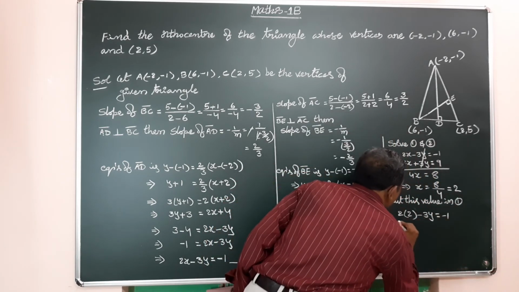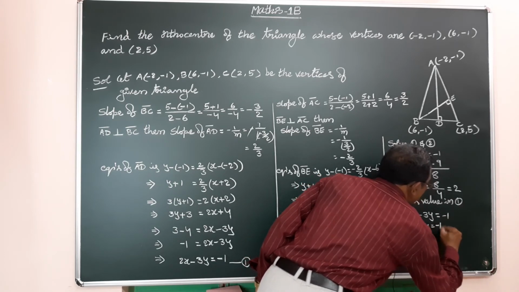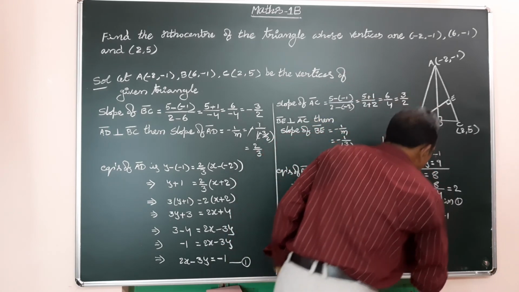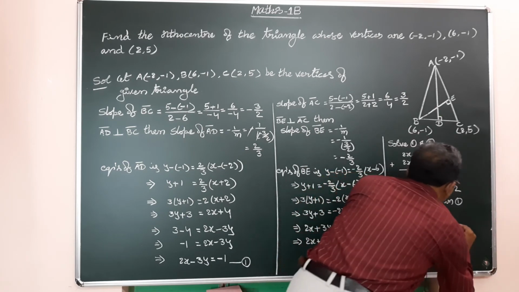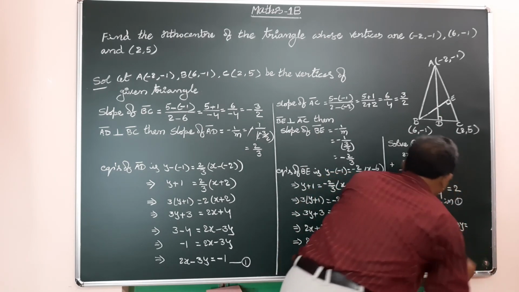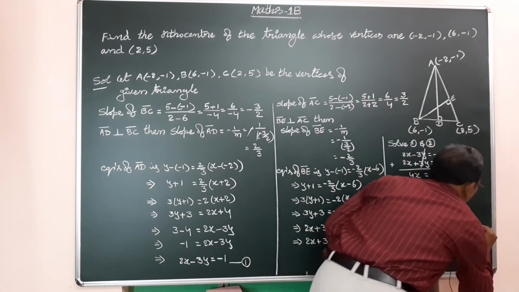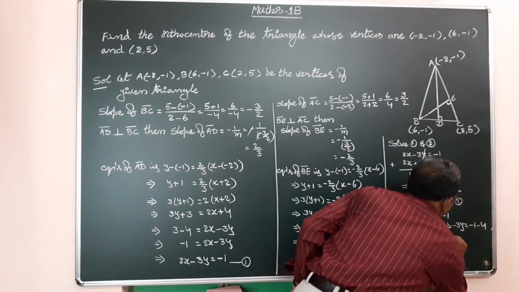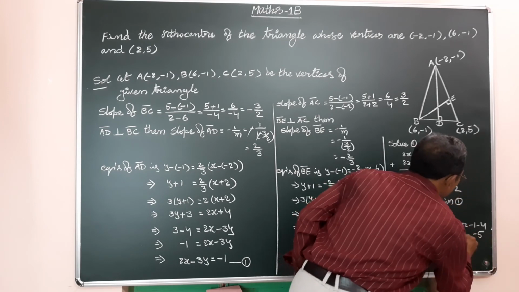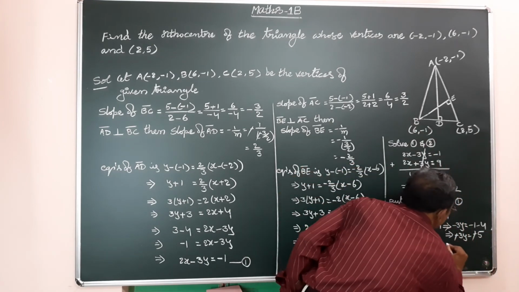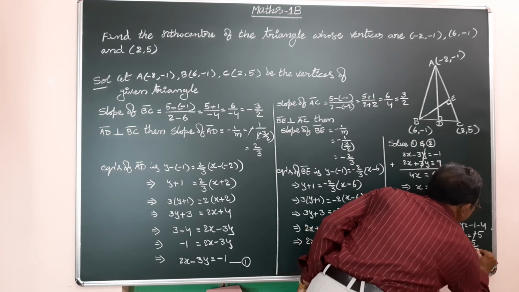That implies 2 2s are 4 minus 3y equals minus 1. Now we take this term from LHS to RHS. Plus 4 becomes minus 4. That implies minus 3y equals minus 5. Here minus minus is cancelled. That implies y equals 5 by 3.